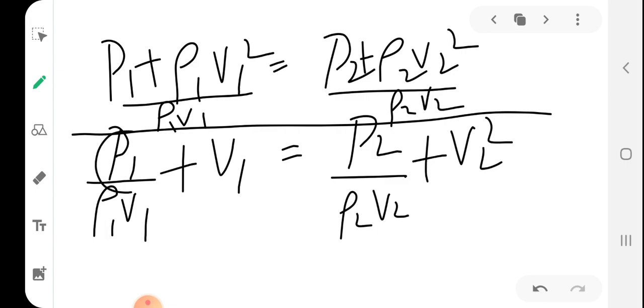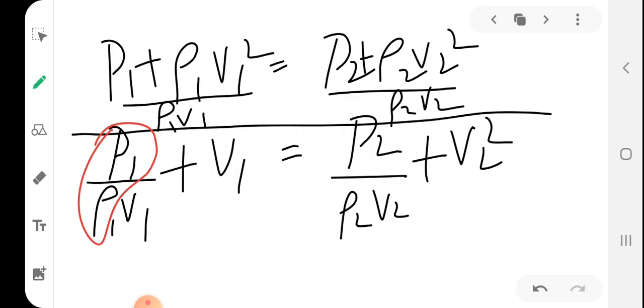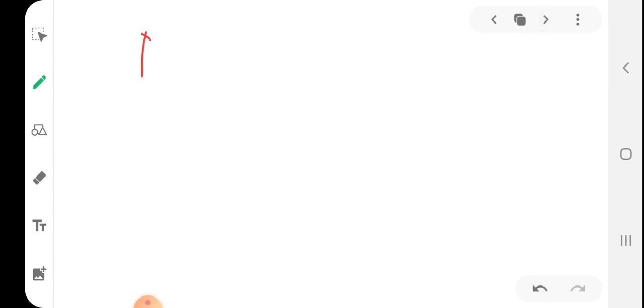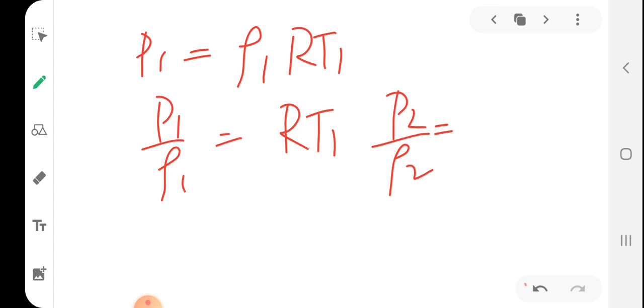So in order to eliminate P1 by rho 1 or P2 by rho 2, for a perfect gas, P1 can be written as rho 1 RT1, right? So P1 by rho 1 can be written as RT1. Similarly, P2 by rho 2 can be written as RT2.